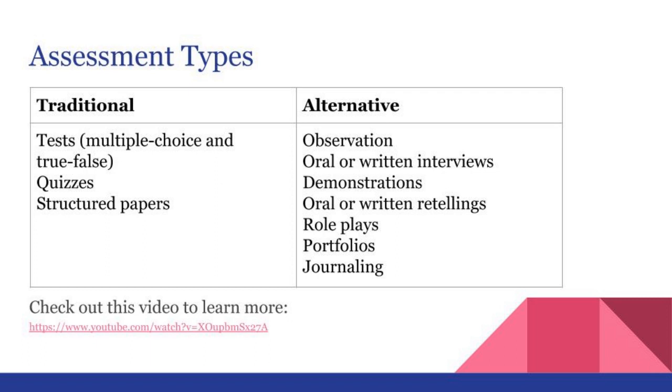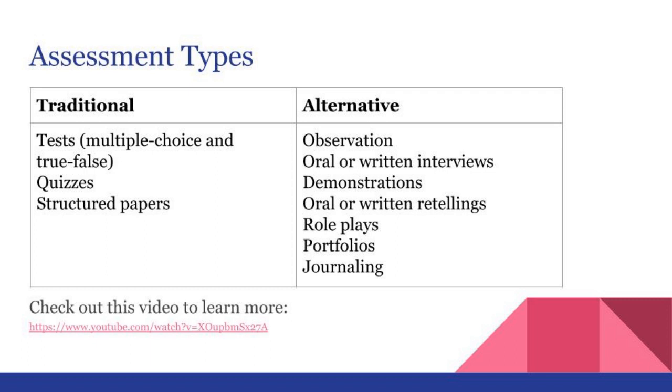As you can tell, all learners, including English language learners, can benefit greatly from alternative assessment measures because they are open-ended and they tend to be more differentiated compared to traditional assessment measures.